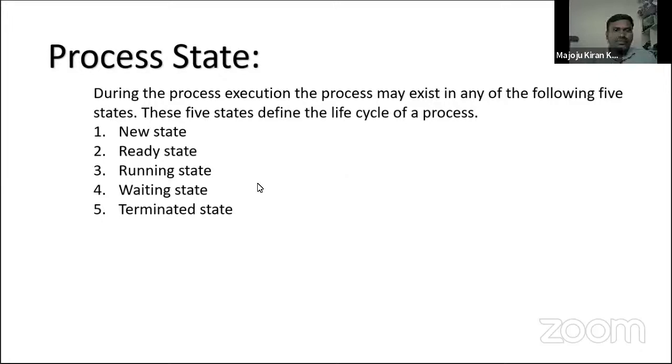Like human beings have several stages, the process also has several stages during its lifetime, from the beginning to the ending of the process. So let us see the various states of a process.